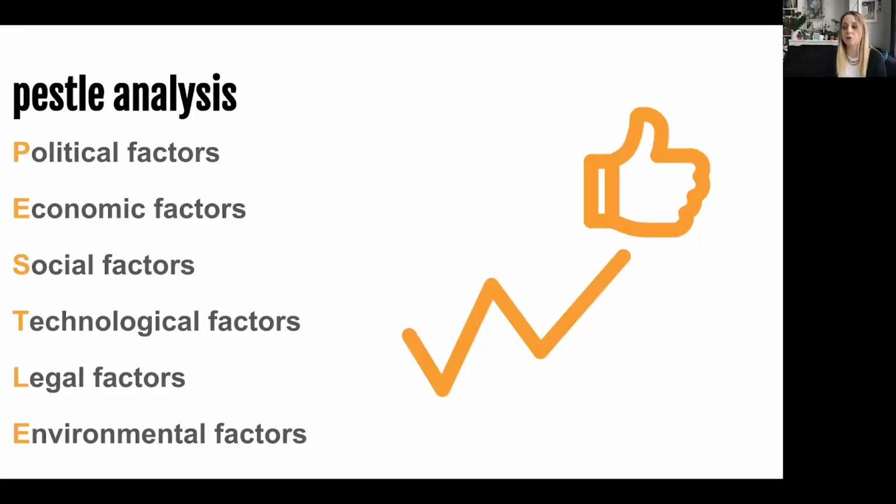Often, analysts will choose to learn about political, economic, social, and technological factors only. This is known as the PEST analysis. PEST is also an environmental analysis, and it is a shorter version of the PESTLE. But we go through legal factors and environmental factors as well, because these are additional and crucial factors when starting your business, especially in places like Canada.